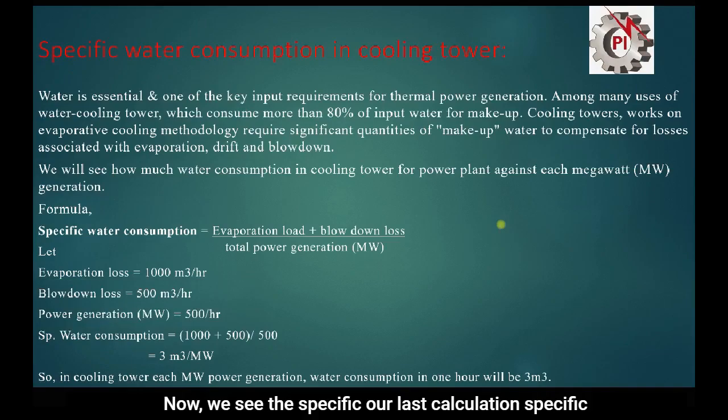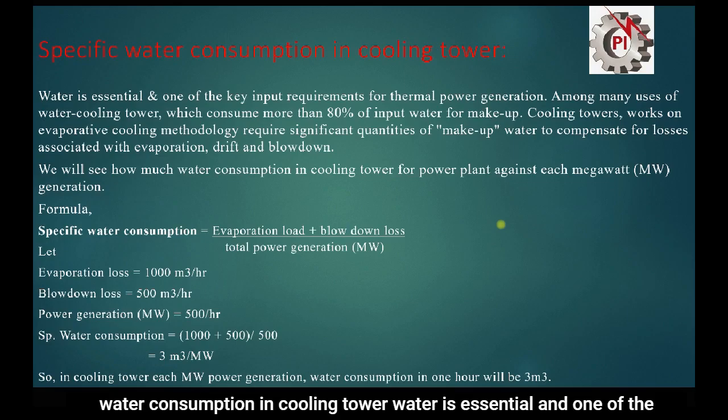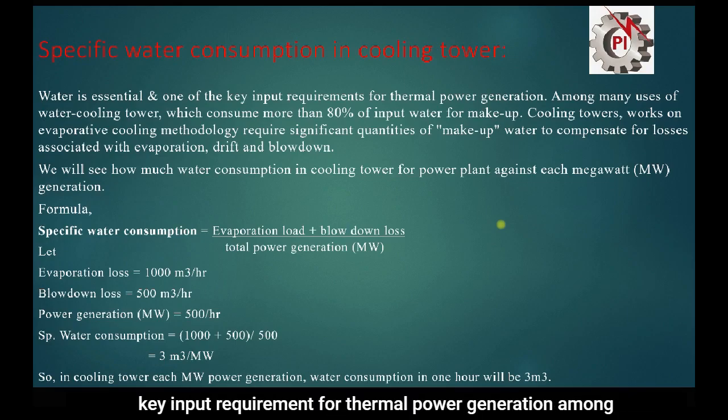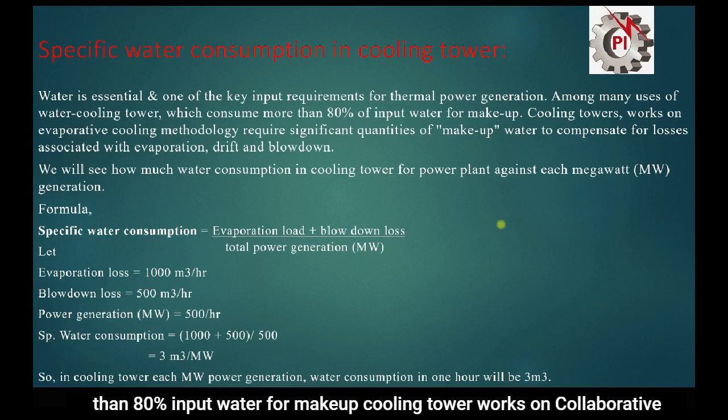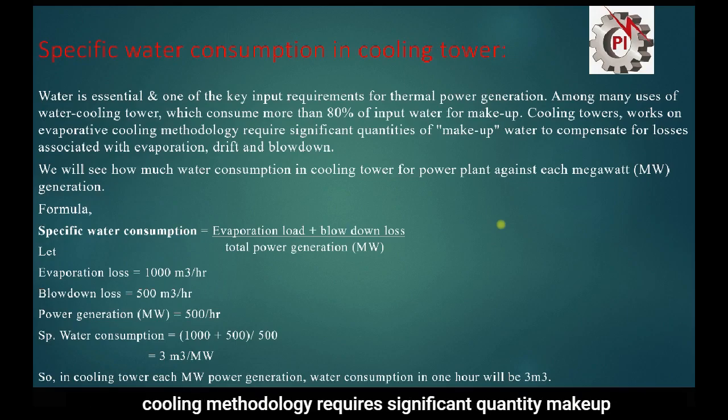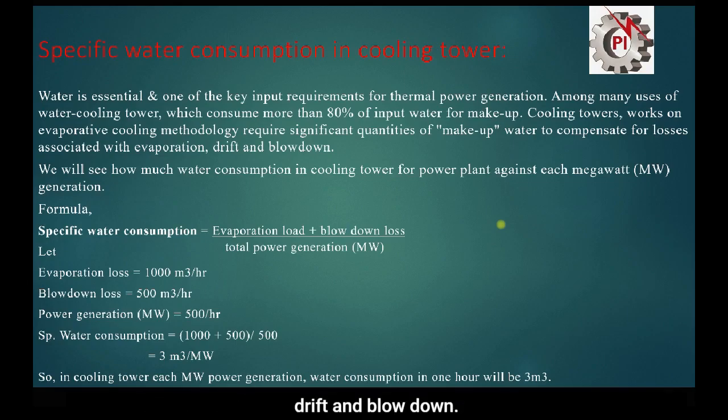Now we will see our last item, the calculation of specific water consumption in the cooling tower. Water is essential and one of the key input requirements for thermal power generation. Among many uses of water, the cooling tower consumes more than 80% of input water as makeup. A cooling tower works on the evaporative cooling methodology and requires a significant quantity of makeup water to compensate for losses associated with evaporation, drift and blow down.